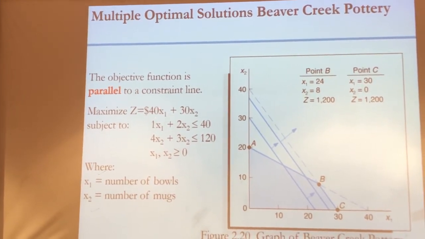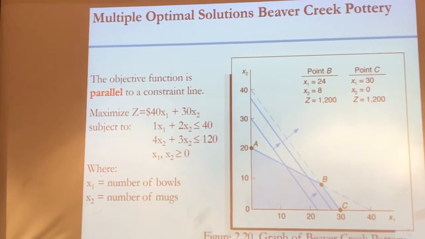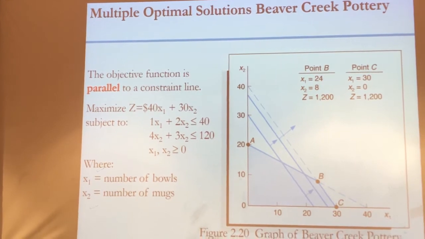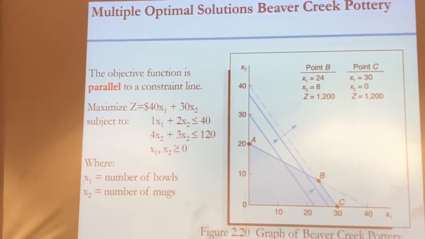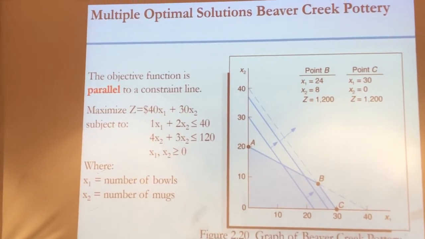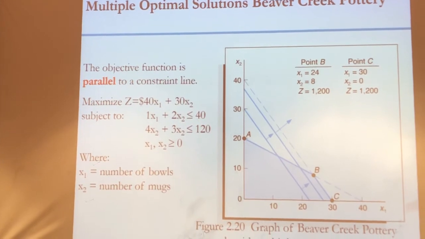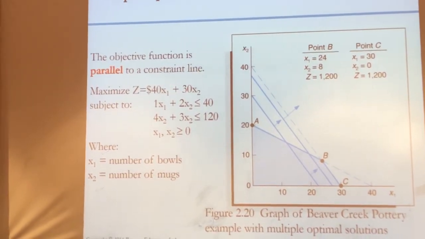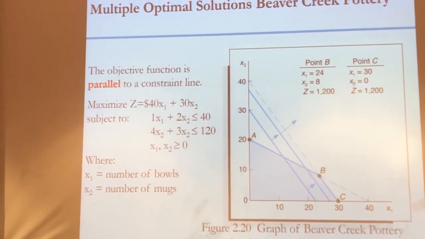And this one is 40x1 plus 30x2. Please note, they have the same slope. If you divide by 10 here, this will become 4 and this will become 3. And this is also 4 and 3. So these two, the isoprofit line and this constraint, have the same slope.